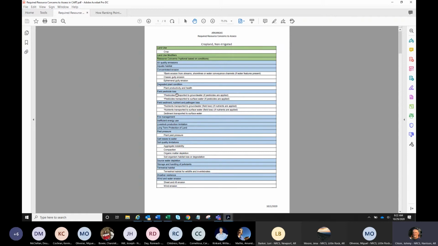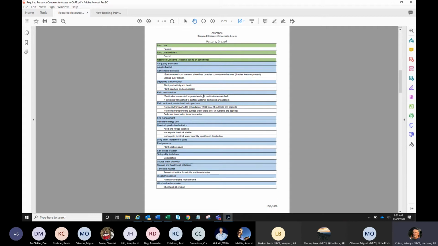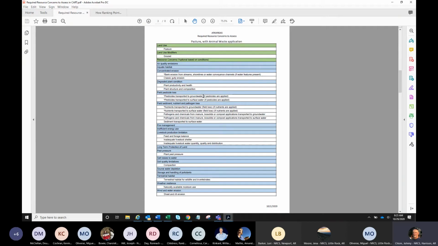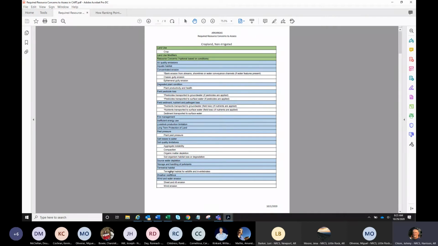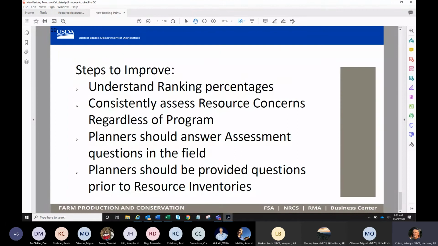So basically, that would mean that every non-irrigated cropland at a minimum would assess this list of resource concerns. And we've come up with that for the different land uses so that everybody would be consistent on how those are assessed. And hopefully doing that will actually make our ranking more consistent.